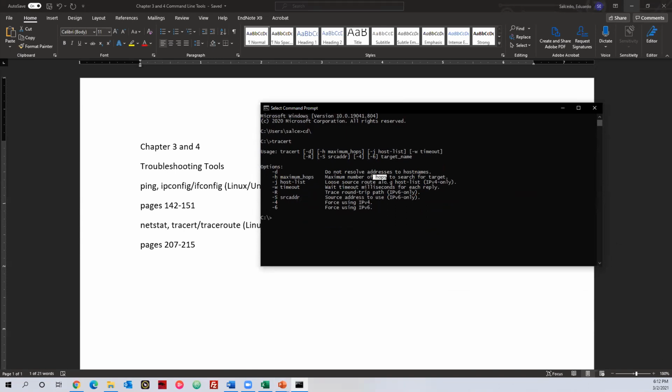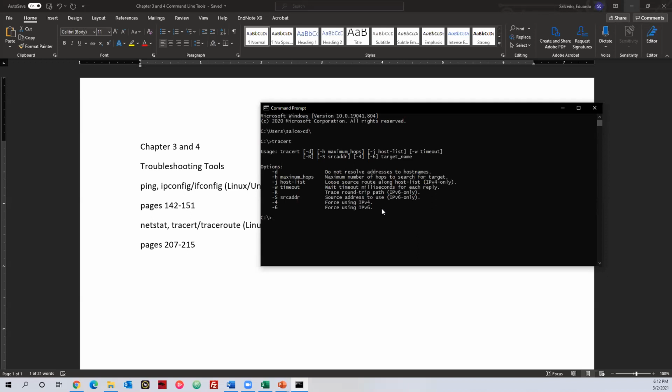What's the terminology for I want to limit those number of hops? I don't know if you can see that. The TTL. Yeah. And what does that stand for?